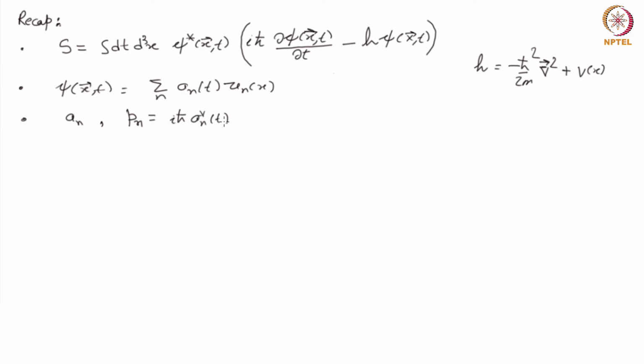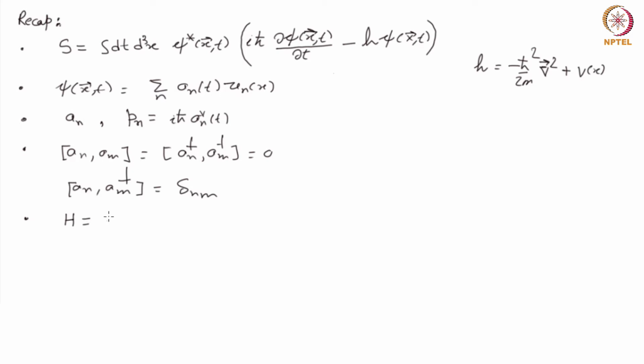Then we imposed the commutation relation. Let me suppress t, you got delta n m. And this theory upon quantization had a Hamiltonian which is a sum of an infinite number of harmonic oscillators.